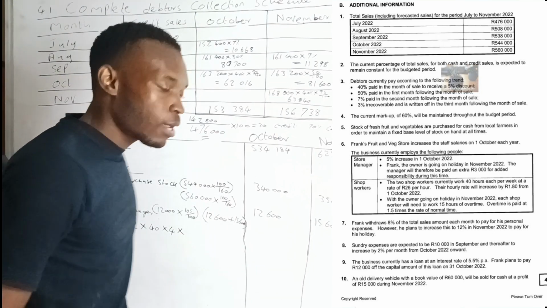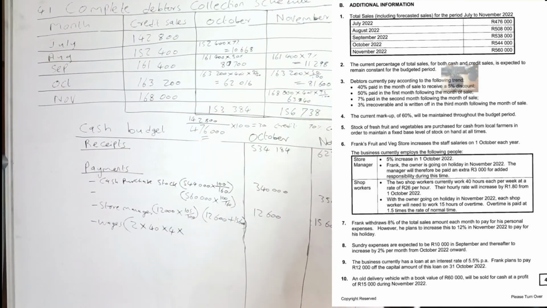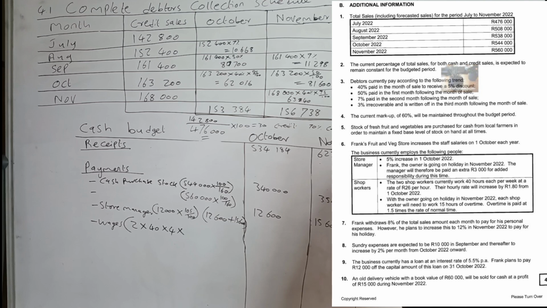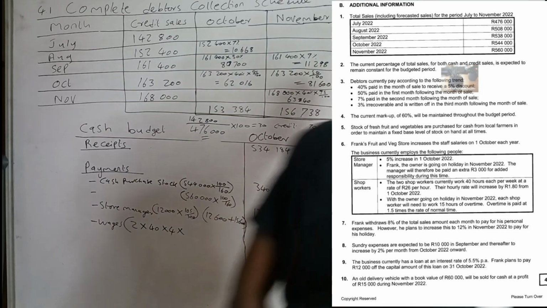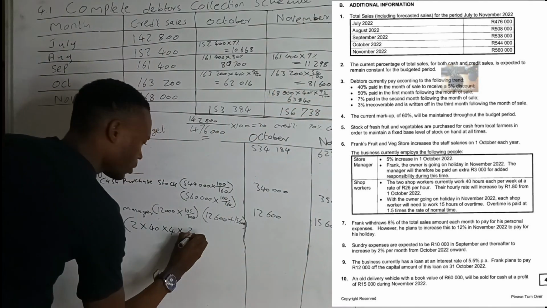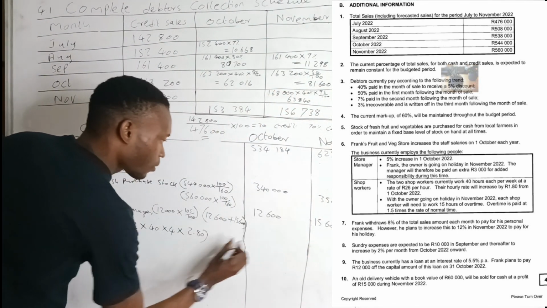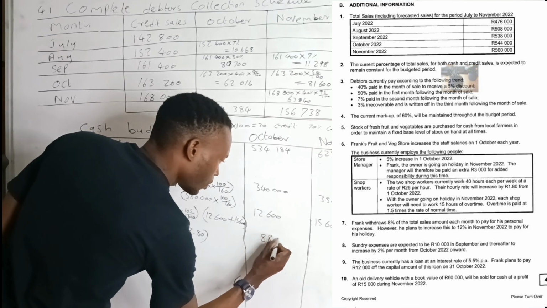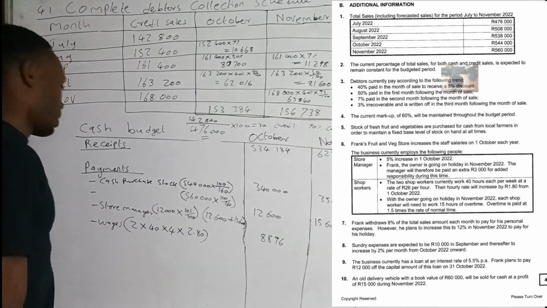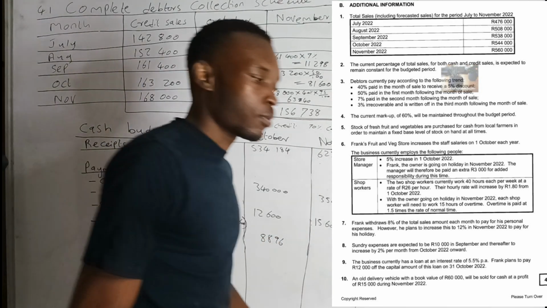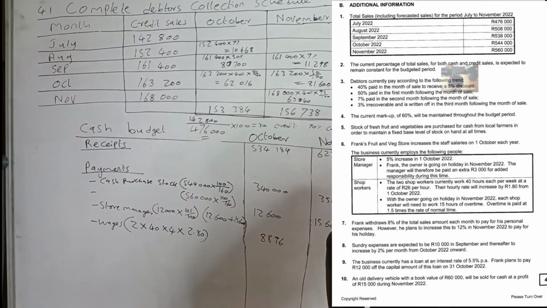Okay, after that we multiply by the rate of 26 Rand plus 1 Rand 80, because it's going to increase, which means that it's going to be 27 Rand 80. Then if you calculate this, it's going to give you 8896. Okay, very simple. Now let's proceed.